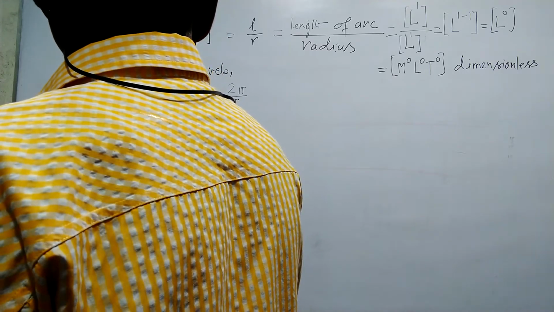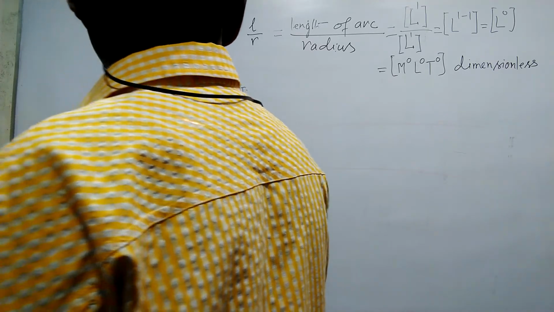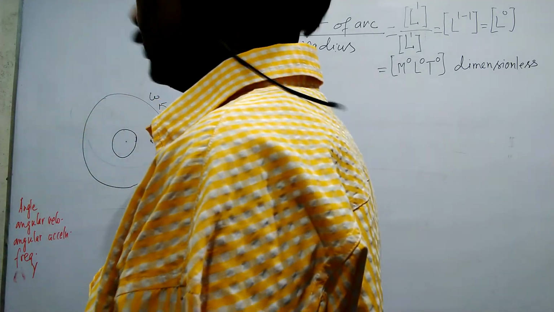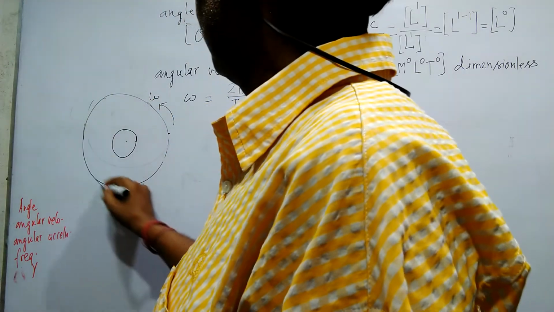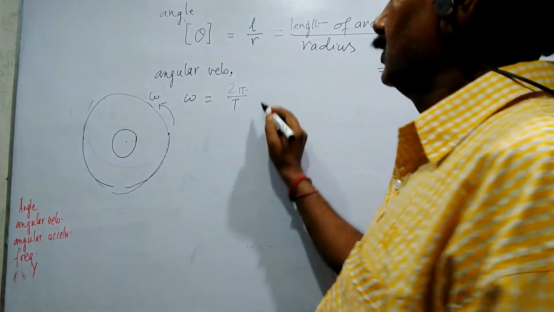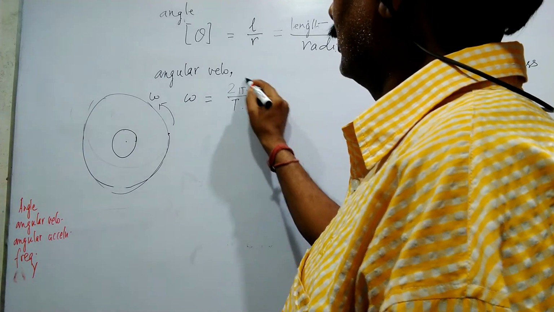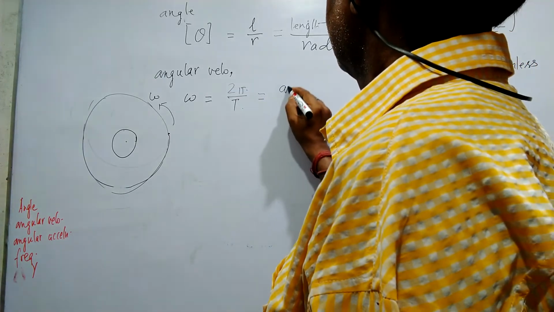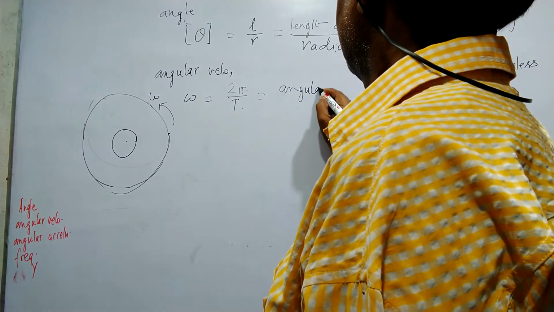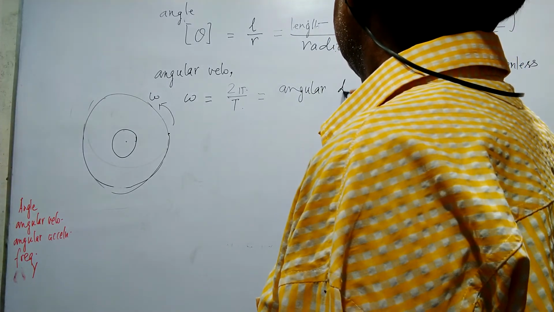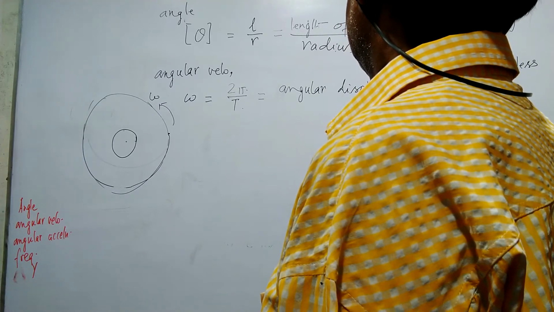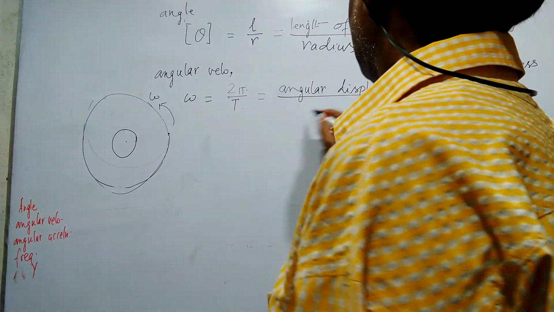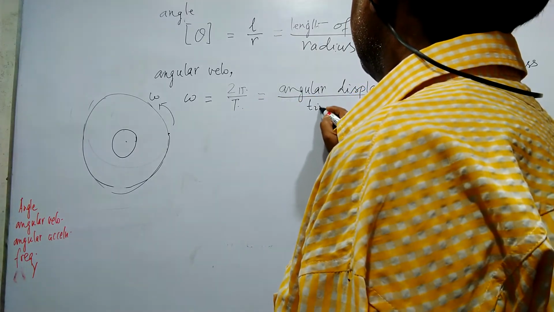The angle of rotation from here to here is 2 pi, and the time taken for the object to rotate from here to here again is the time period. So this is the angular displacement and the time period.